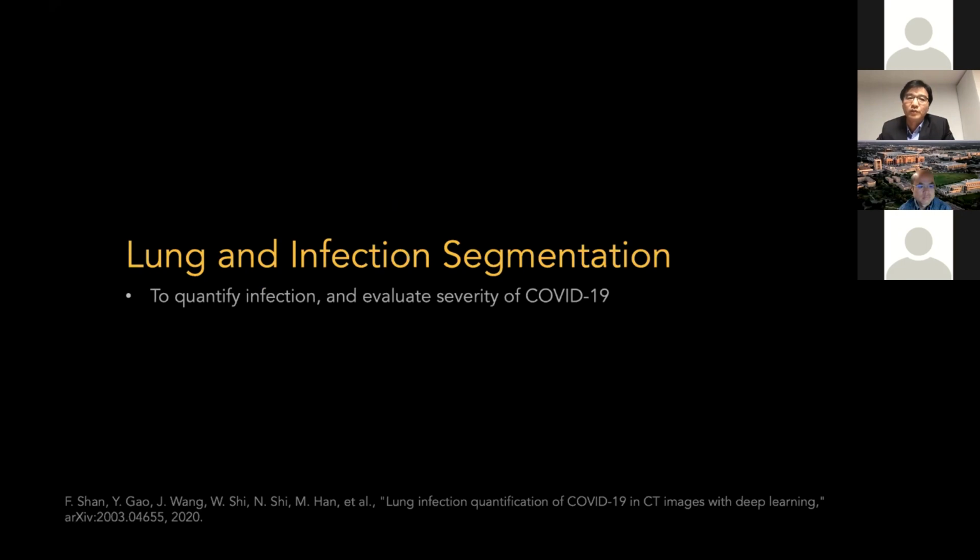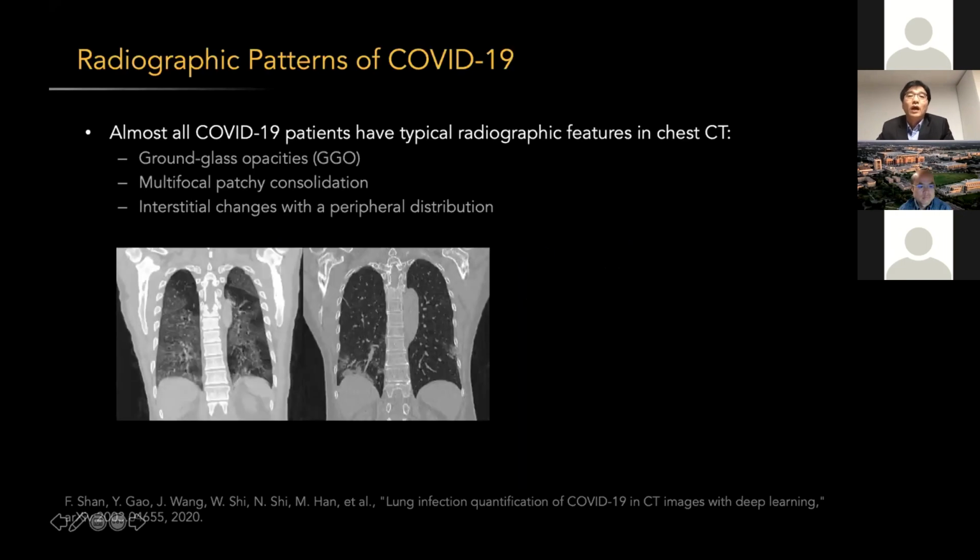You can automatically quantify the infection and even evaluate the severity of COVID-19. These slides show you, for example, for COVID-19, the radiomic patterns. You have GGO, which stands for ground glass opacity, and also other patterns. I will show you a lot of this kind of CT images in later slides. And remember, GGO is one of the very important imaging biomarkers for COVID-19.